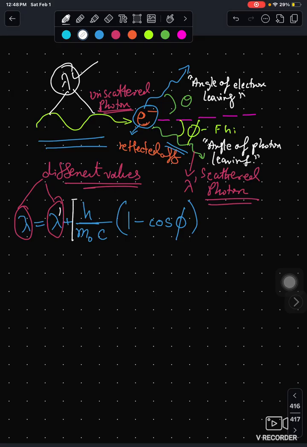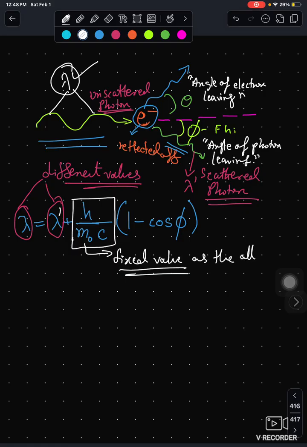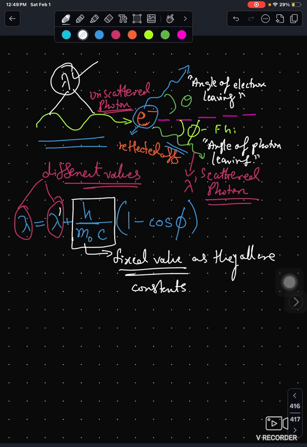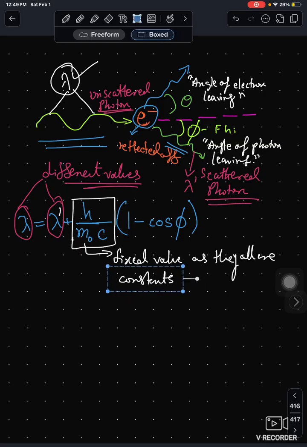Now here you might have noticed, if we're talking about an electron and photon in our scenario, this is a fixed value, as they are all constants, right? So what value do we get if we calculate this? We'll get this out of our way, so we don't have to work with h over the rest mass m times c again and again. We'll just get the value and finish this off at once.